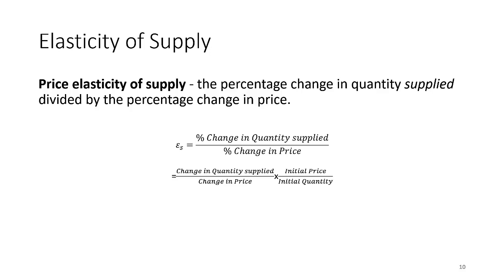You just divide the percentage change in quantity supplied by the percentage change in price. The only thing is this: elasticity of supply is always positive. And the reason is simple. We all know, according to the law of supply, as price increases, suppliers would like to sell more and vice versa. So price and quantity supplied move in the same direction. So the elasticity of supply will always be positive.